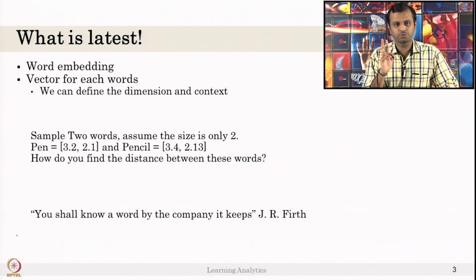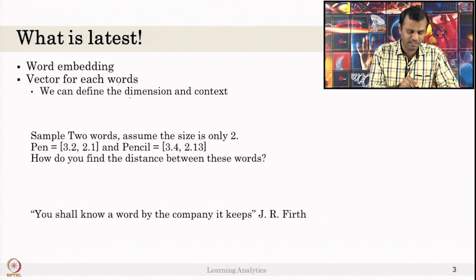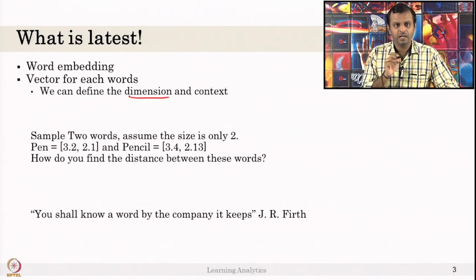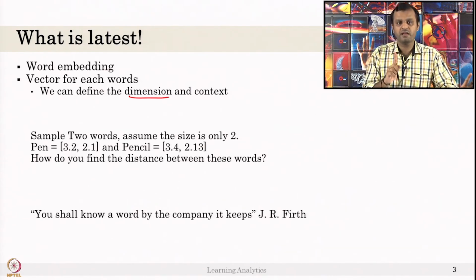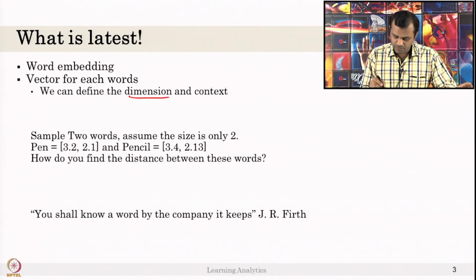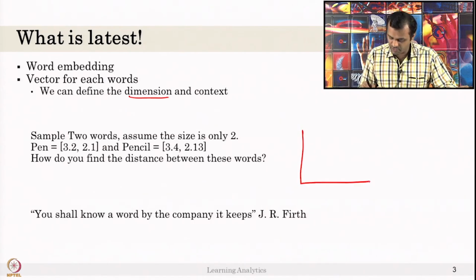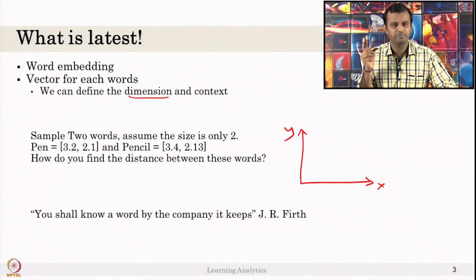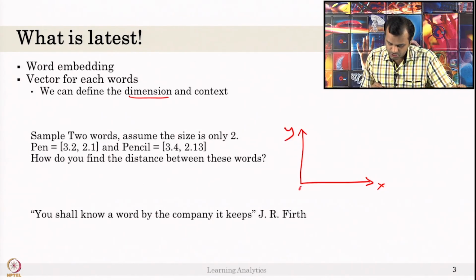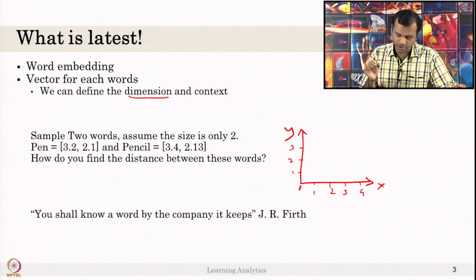I have two vectors, okay. The vector size is 2, not 300; the dimension of the vector is 2. I have a vector called pen and one called pencil. Let us mark 0, 1, 2, 3, 4 on the axes.